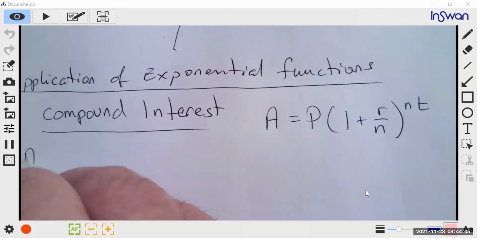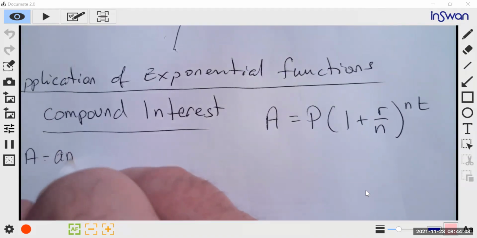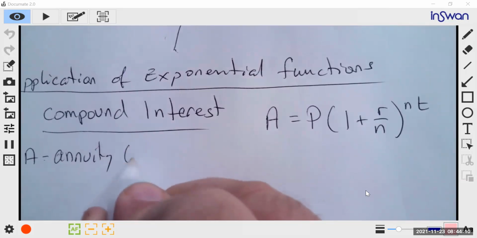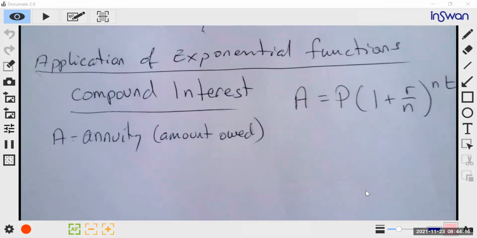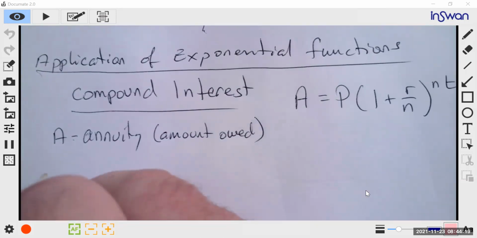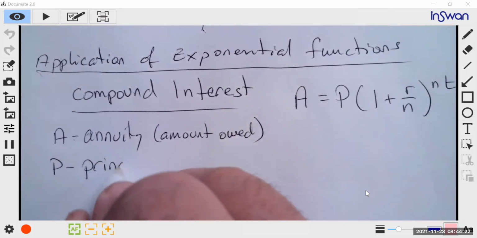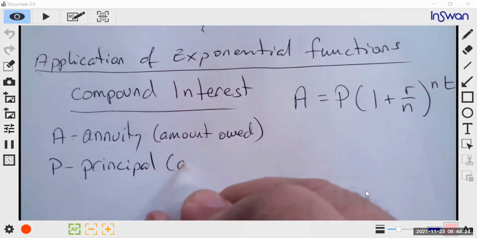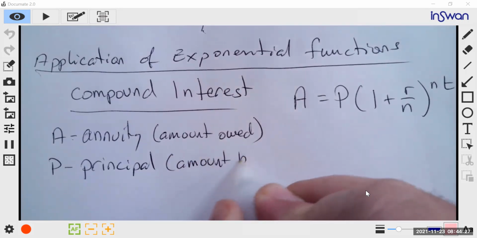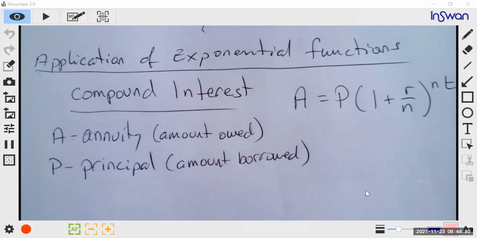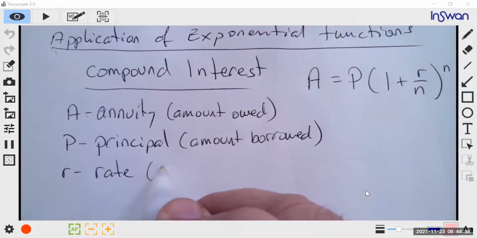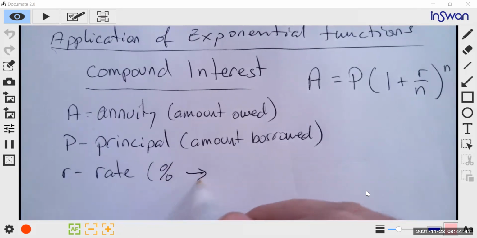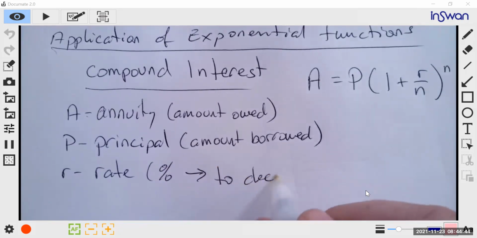A stands for what's called an annuity, the amount owed. P stands for principal, the amount borrowed. R is the rate you borrowed the money at. It's given in percent, so we have to switch it to decimals.